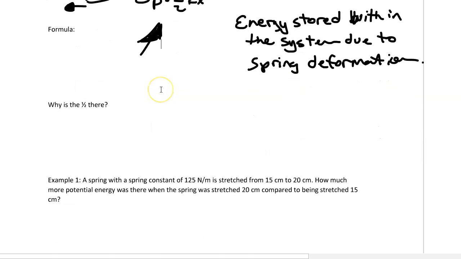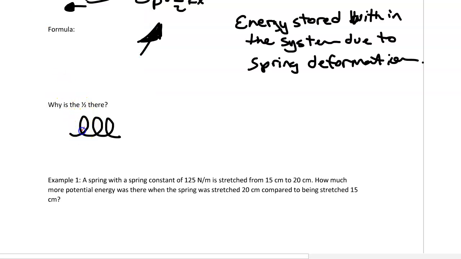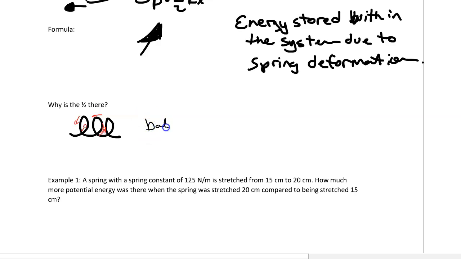But the question is, why is that 1/2 there? Well, if we think about a spring, the spring is actually going to provide lots of forces in many directions, and the total result of the nature of that spring balances the amount of energy that's actually stored.